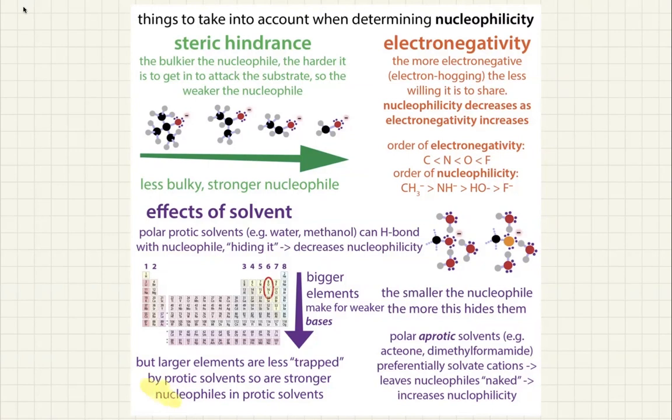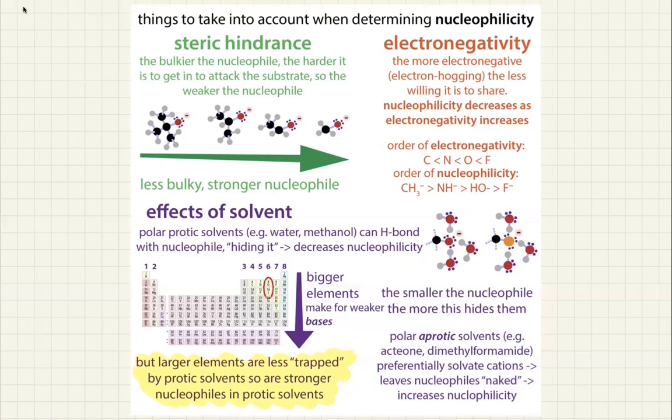And remember, we're going to be dealing with protic solvents, with water, so that's going to be a key thing: these are going to be less trapped. And so they're going to be stronger nucleophiles, but they're going to be weaker bases because they can spread out the charge.